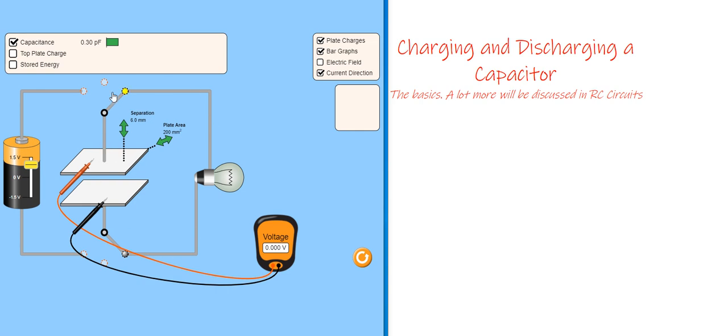Because there's a potential difference, as we established before, so let's charge it up again. Whenever there's a potential difference, there will be current between those two points. In other words, there's an electric field not only between the plates, but also in the wires.